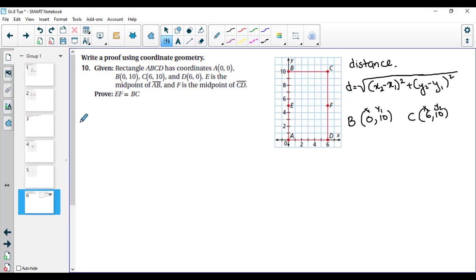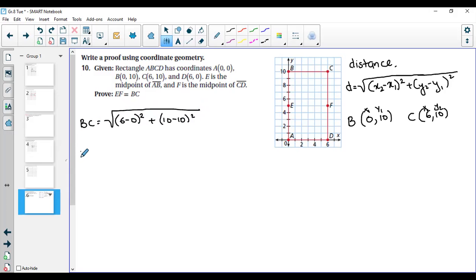Okay, so let's find the distance of BC. It's going to be the whole root of x2, that's 6 minus 0, whole square, plus y2, which is 10 minus 10, whole square.